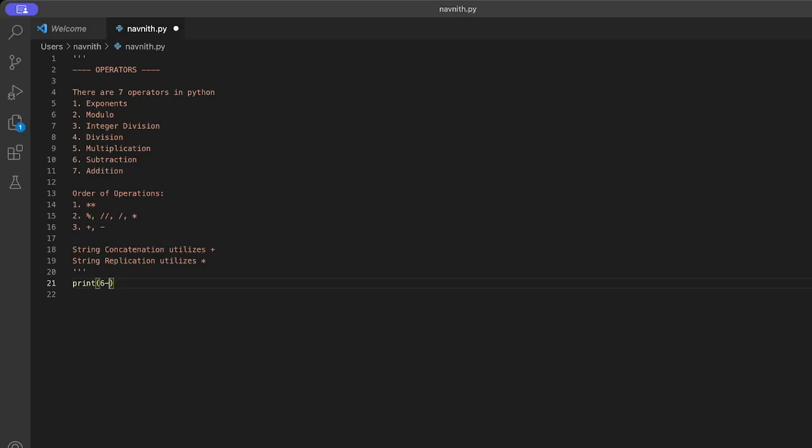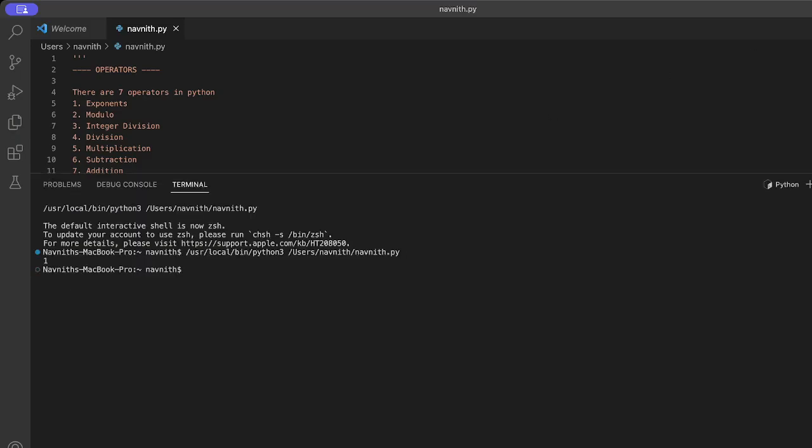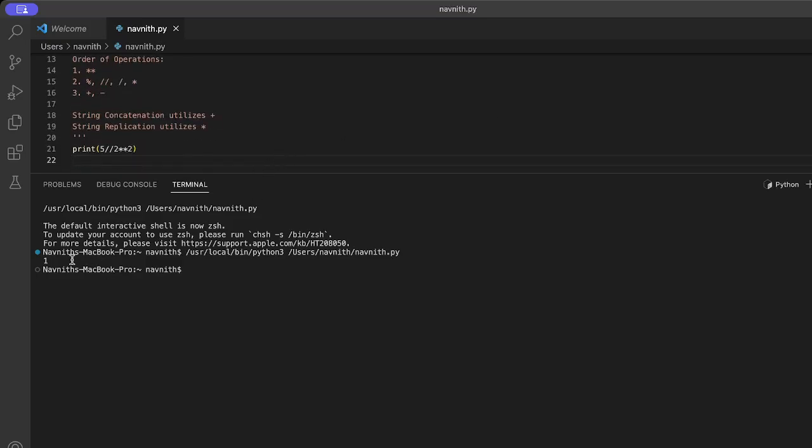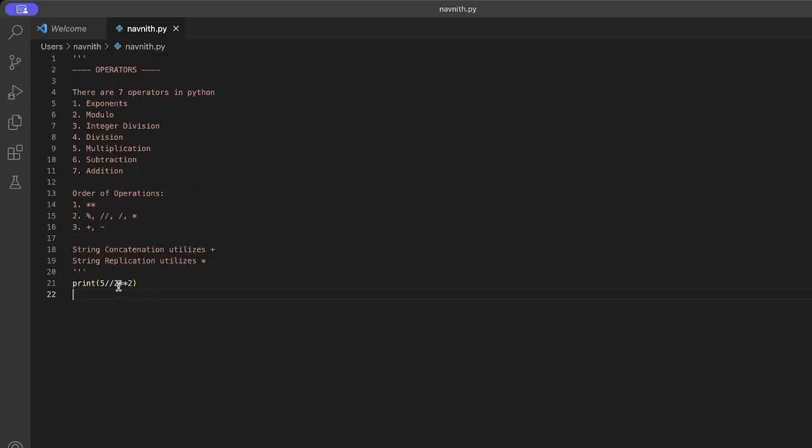So for example, when we have 5 divided by 2 to the power of 2, rather than getting 5 divided by 2 and then to the power of 2, it would be 2 to the power of 2, which would be 4, so this would be 5 divided by 4, which would be 1. This is how the order of operations works.